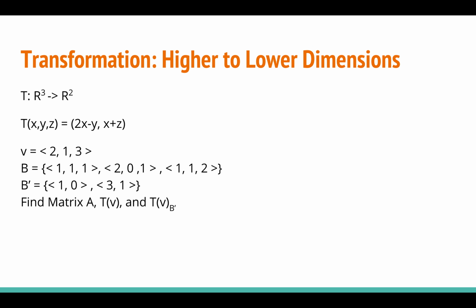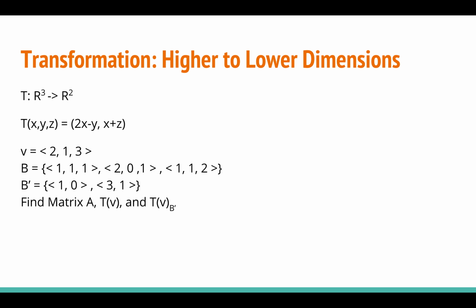So for our first example here, we're going to be talking about transforming from a higher dimension to a lower dimension. What we're given is a transformation equation, which is some function of the coordinates, essentially. We're given a vector in standard bases, and we're given the basis B and B prime.